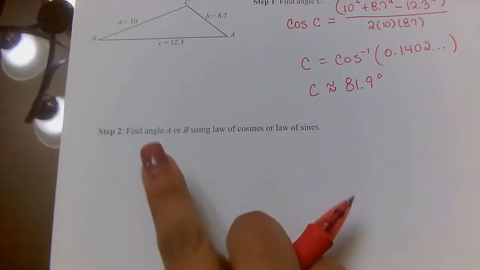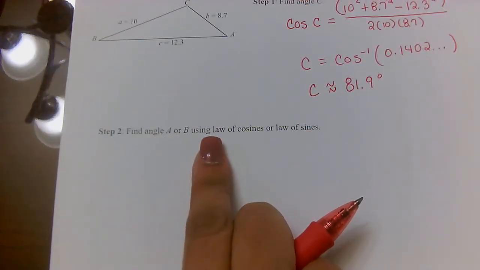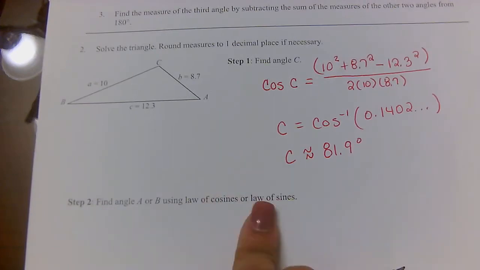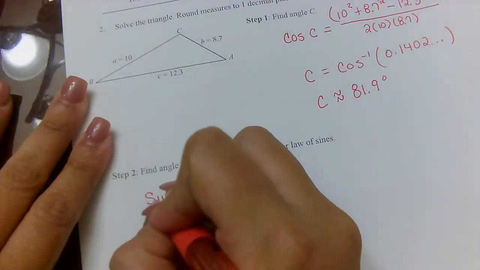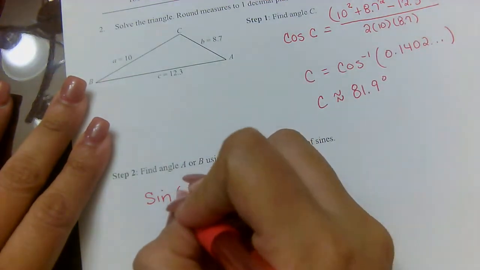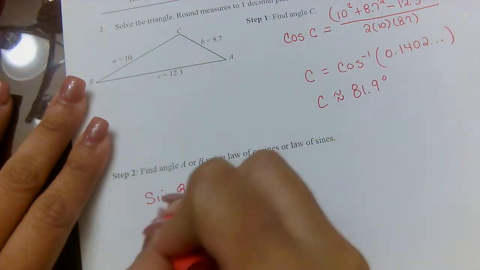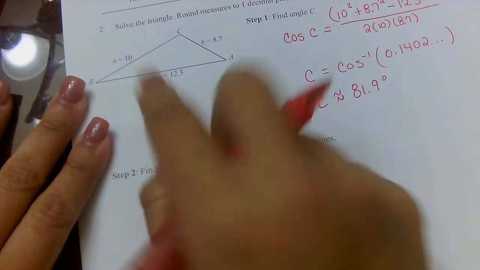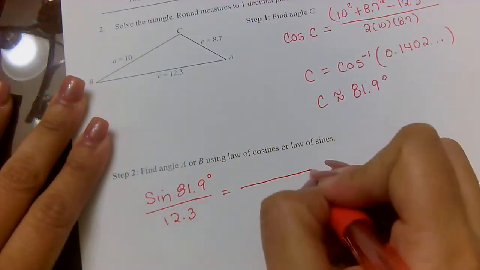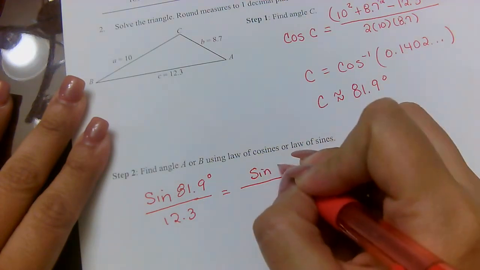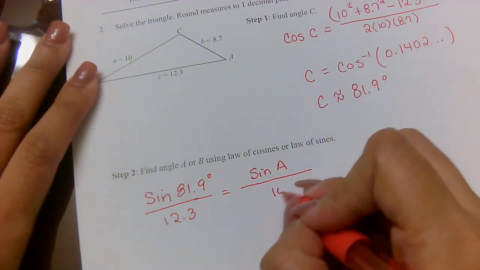Step 2 says to find angle A or B using the law of sine or cosine. I actually prefer to use the law of sine. So I'm going to do sine of 81.9 degrees over little c, which is your 12.3, is equal to sine of A over 10.